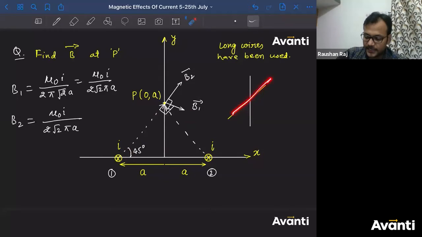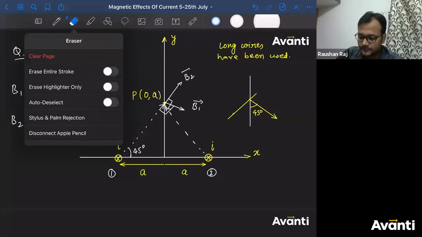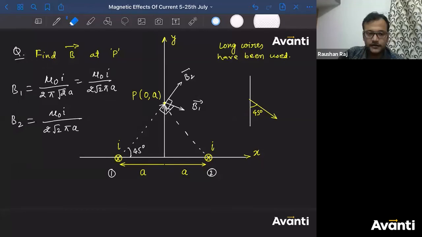B1 is perpendicular to this. So this is 45, this is 90 in total. Can I say this is also 45? So I don't need this one now, so I'll erase this. The angle for B1 is now known to us.